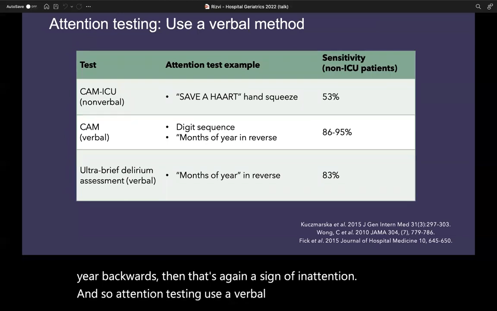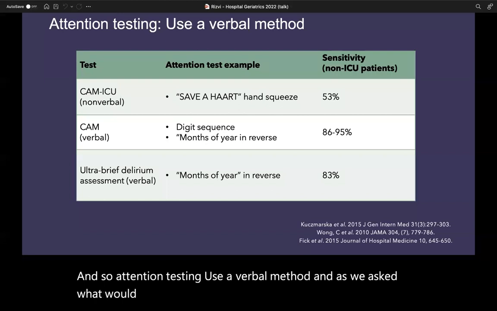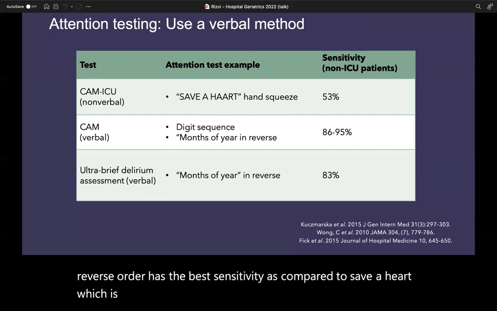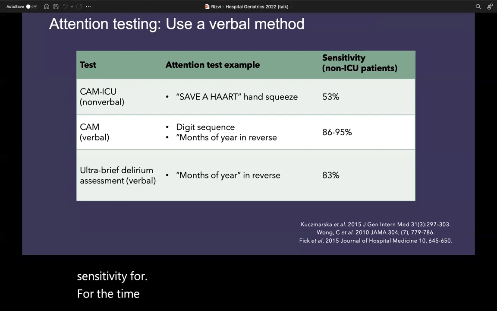And as we asked what would be a good bedside method, the months of the year in reverse order has the best sensitivity as compared to save a heart, which is often something we use on the bedside, but a better sensitivity for the time is asking them to tell you the months of the year in reverse order.